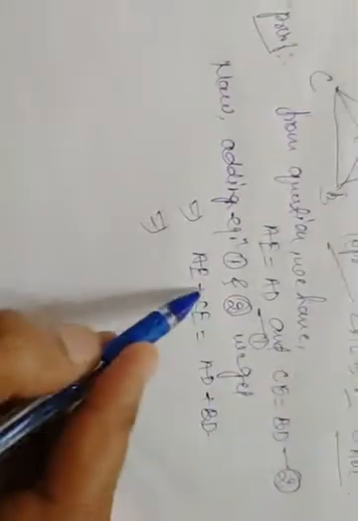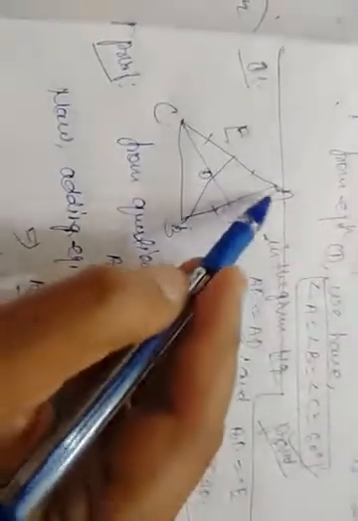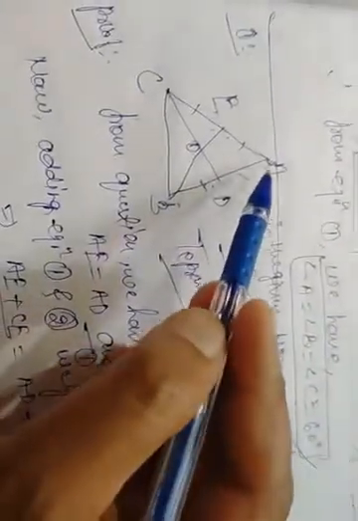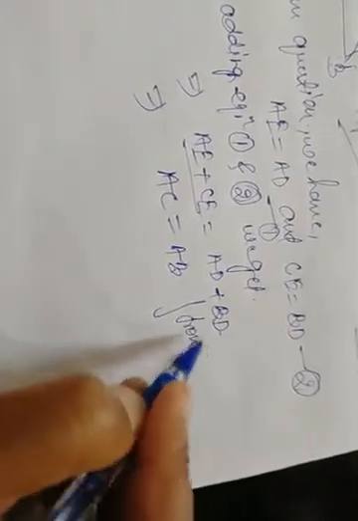From the figure, AE plus CE is equal to AC, and AD plus DB is equal to AB. So AC is equal to AB. That is from the figure.